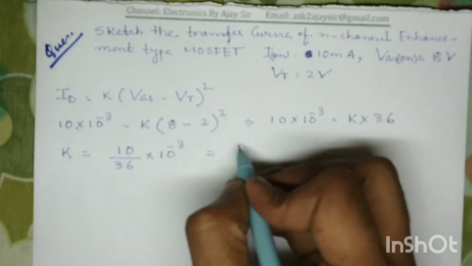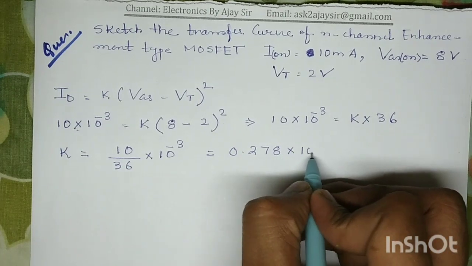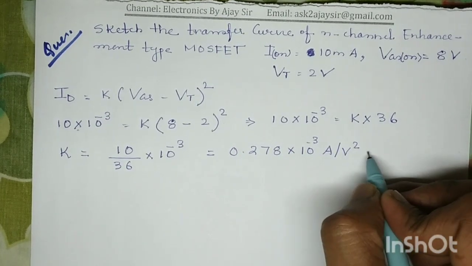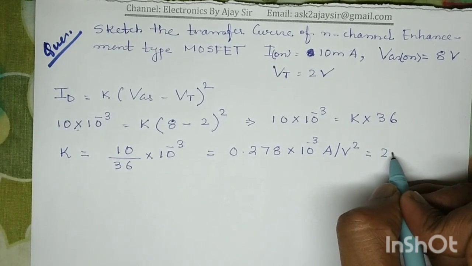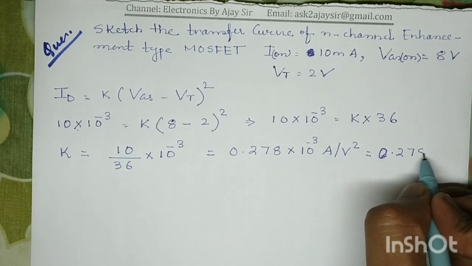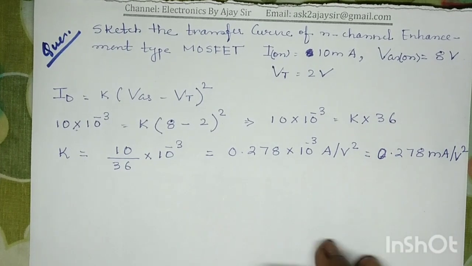It is 0.278 into 10 to the power minus 3 ampere per volt square, or you can write it as 0.278 milliampere per volt square.